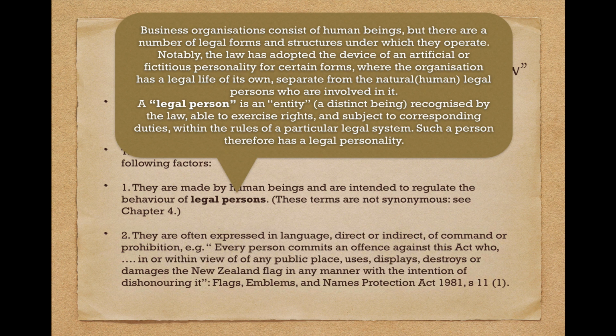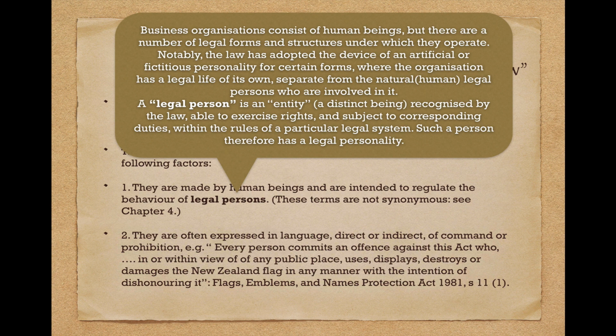Notably, the law has adopted the device of an artificial or fictitious personality for certain forms, where the organization has a legal life of its own, separate from the natural human legal persons who are involved in it. Okay, do you get that?